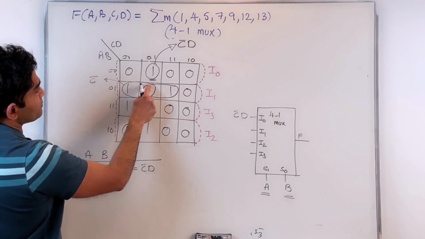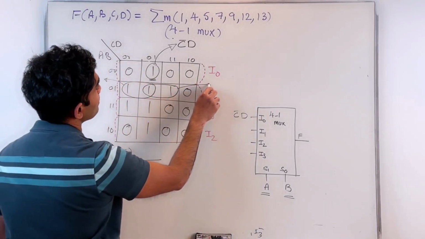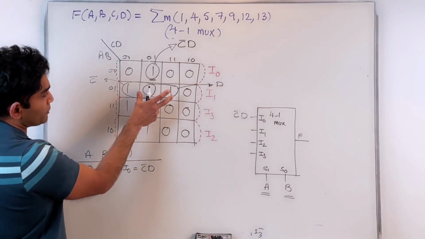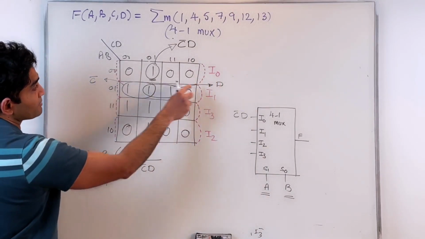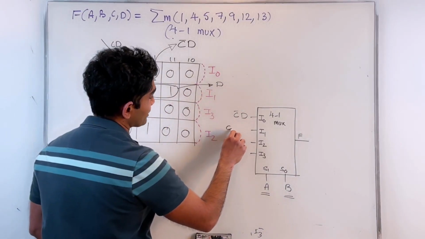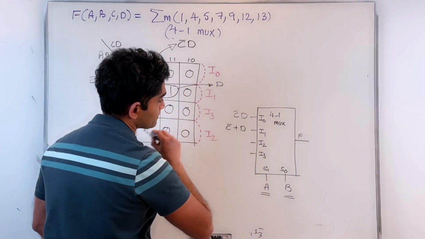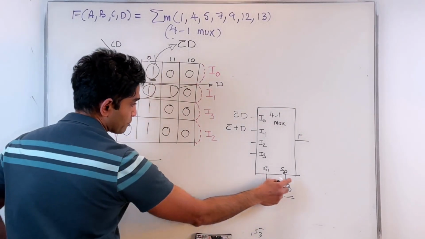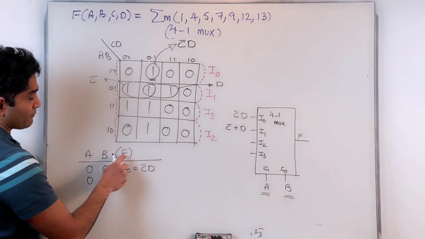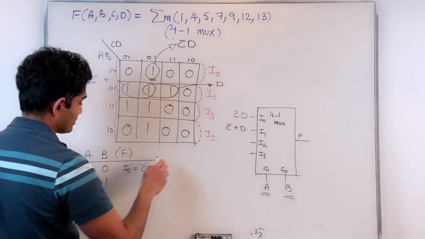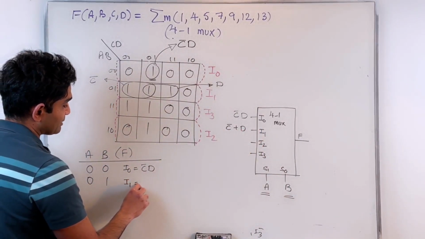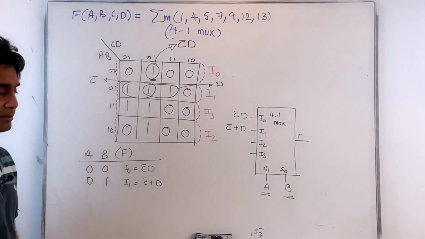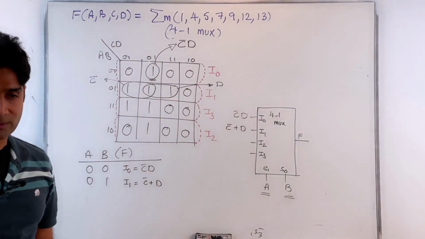And this product term corresponds to D. Right? So the function I get from the sub K-map is C prime plus D. And that's what I'm going to apply here, C prime plus D. Why? Because when I fix my selector inputs to be 0, 1, then the function F is I1. And what is being applied is C prime plus D, and then I get the right function corresponding to this.